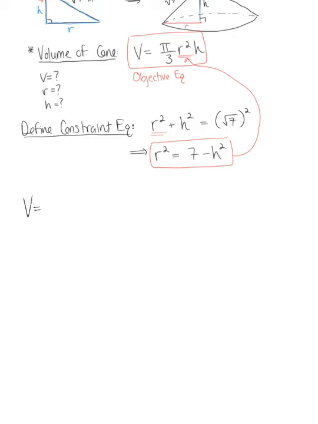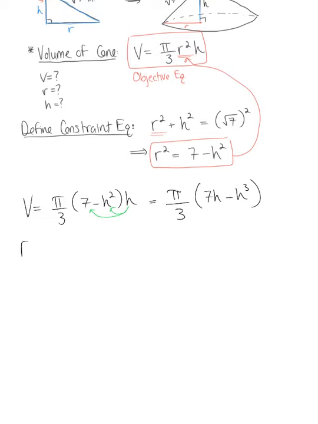Our volume equation becomes pi over 3 multiplied by 7 minus h squared, multiplied by h. Distributing h through both terms leaves us with pi over 3 multiplied by 7h minus h cubed.